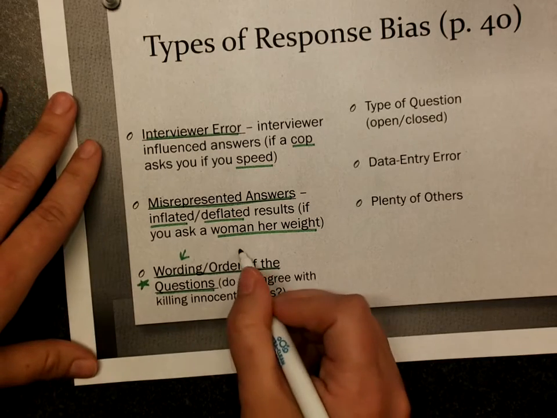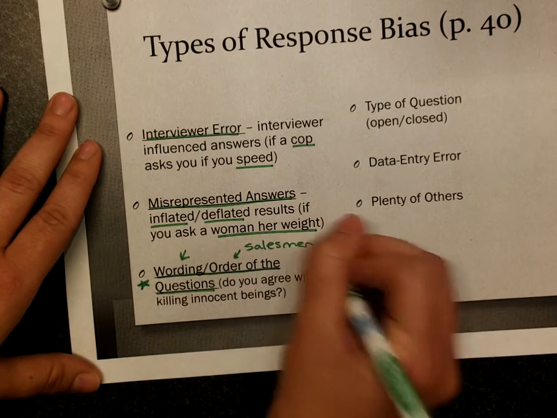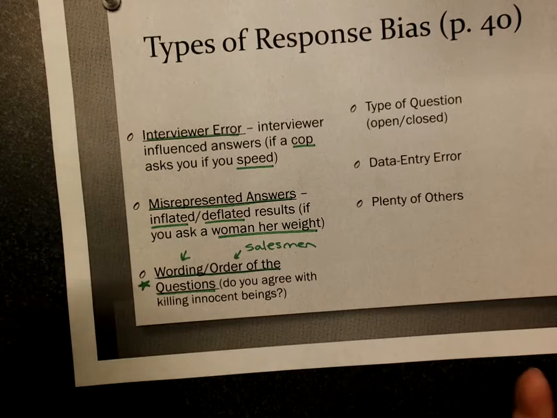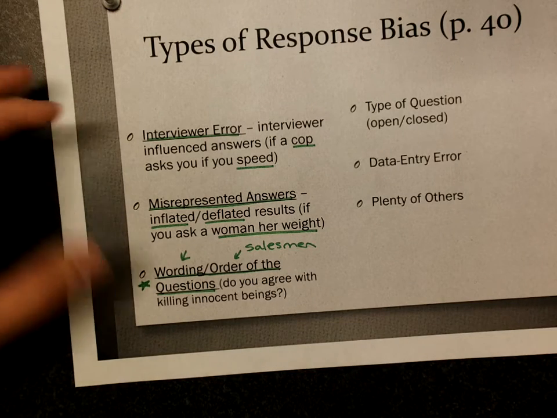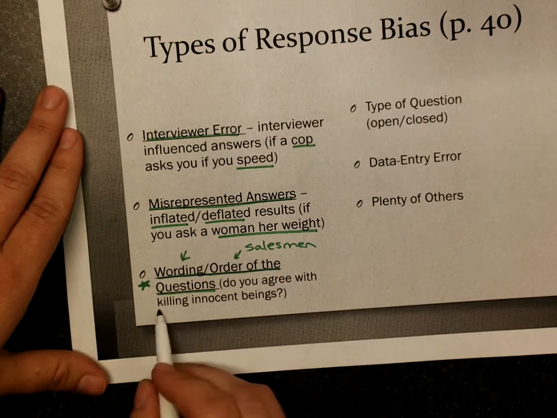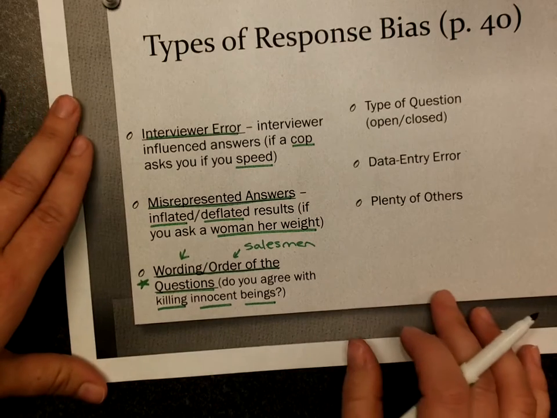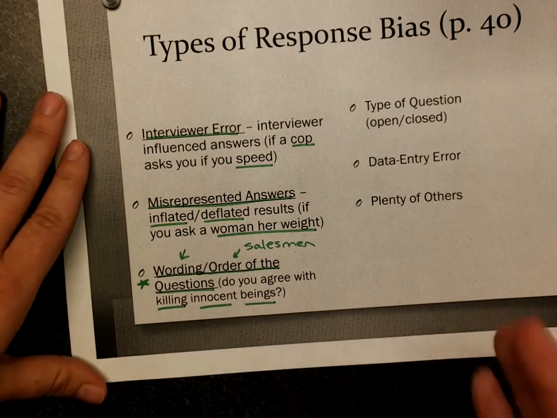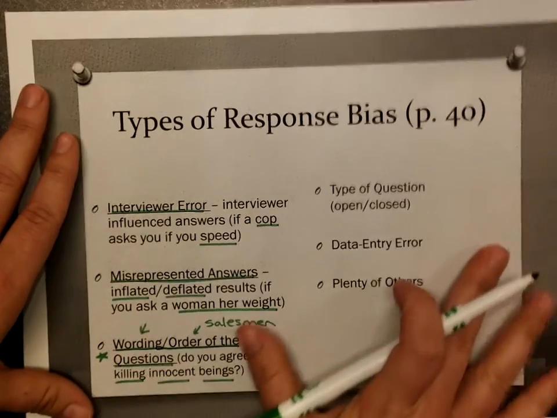There's also order. Salesmen, saleswomen, they worry about the order of their questions so that to get you to answer a certain way. So the phrasing might say, do you agree with killing innocent beings? And it influences your answer because of the way they worded the question or the order they asked the question.